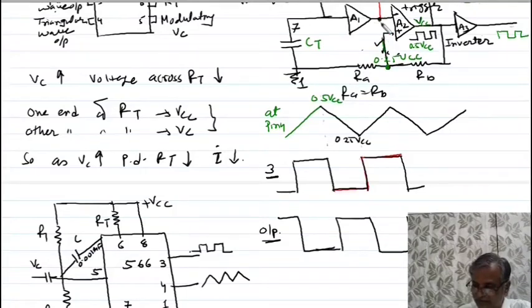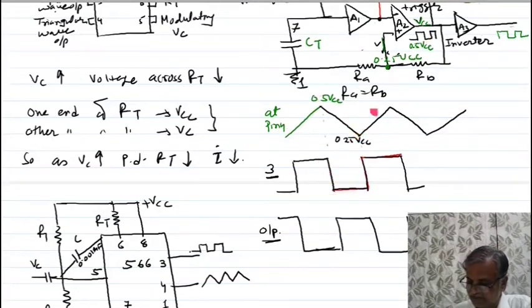When this voltage is more than 0.5 VCC, immediately the output changes and becomes low. I already showed here, during the rise up to 0.5 VCC the voltage is high. As it is more than 0.5 VCC, the voltage becomes low.